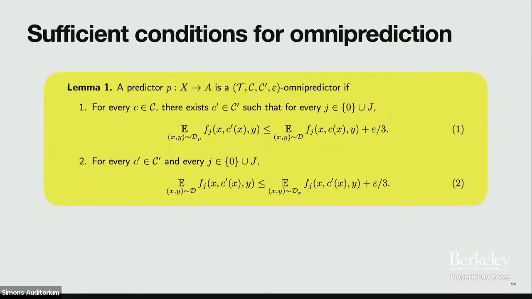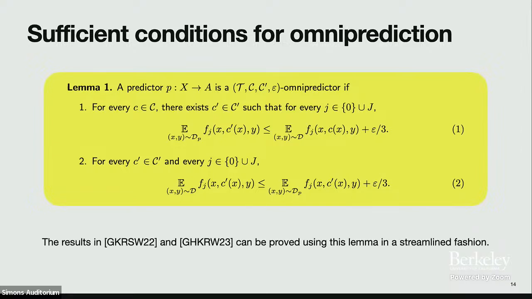So now that we've defined omniprediction for constraint problems, we show that we can indeed construct such omnipredictors. We do that through this technical lemma, which gives a sufficient condition for omniprediction. I don't have time to describe the lemma in detail, but I will just say that the lemma allows us to reconstruct the previous omniprediction results in a streamlined way.